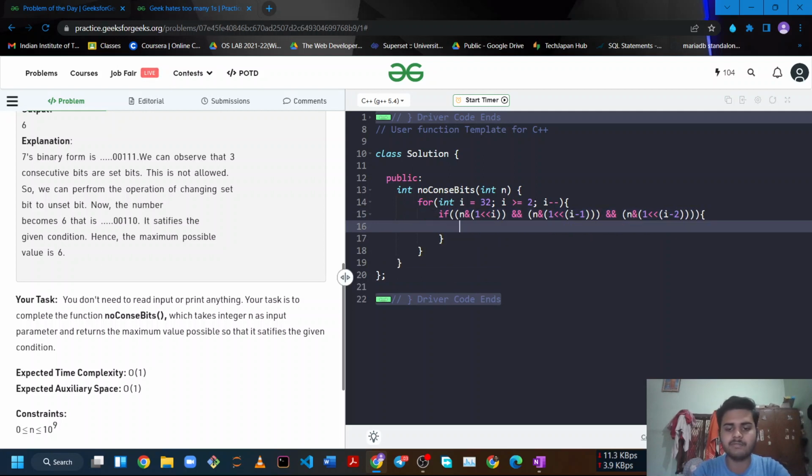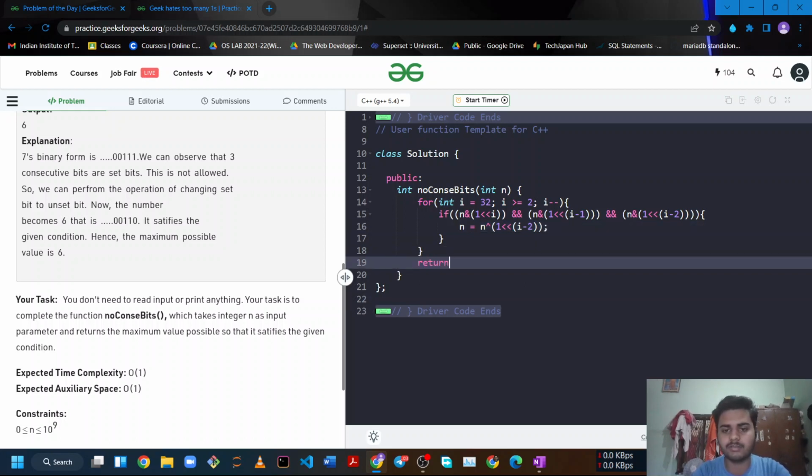Okay, nice. If this is true, then I'm going to just unset that particular bit. Which bit? The i minus 2 bit. And I'm just going to simply return n.